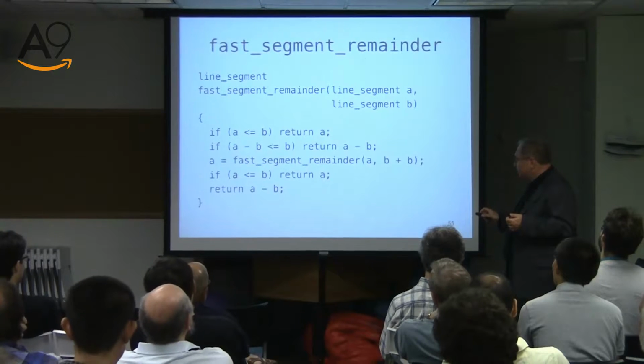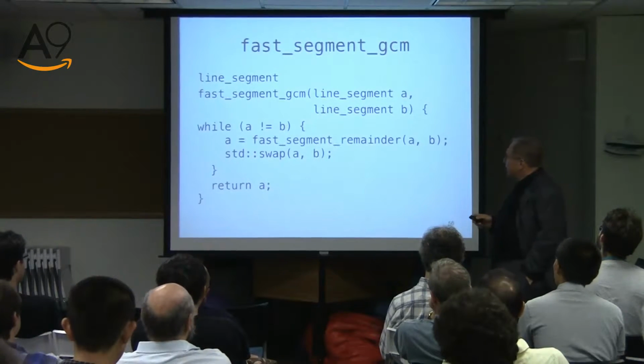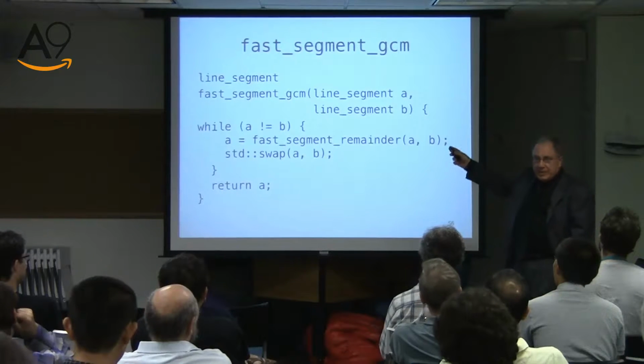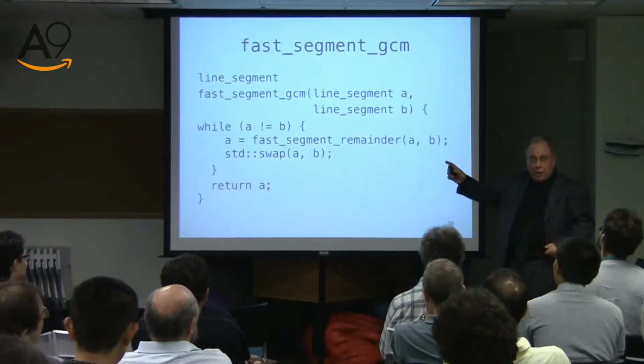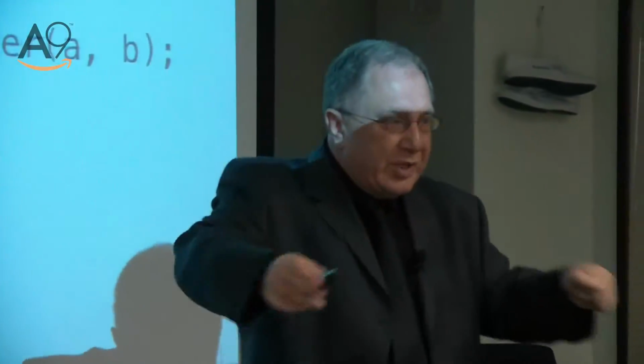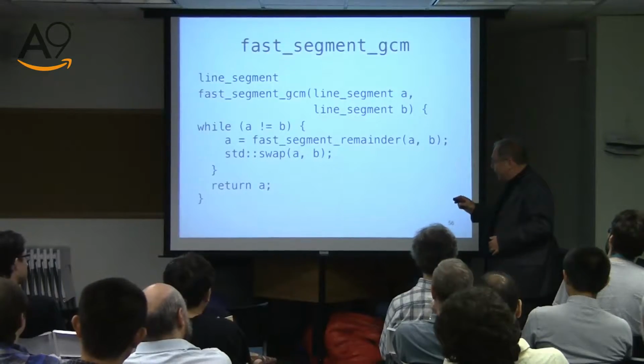So now we could obtain a fast version of segment GCM, which is not going to go slowly one by one subtracting, but going to do doubling till we're done, and we're going to be much, much better. Again, remember, if two segments are not commensurable, nothing will help. So whether you go slow or fast doesn't make much of a difference. When you're going forever, you're going forever.